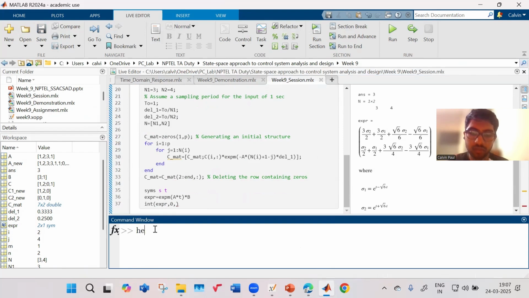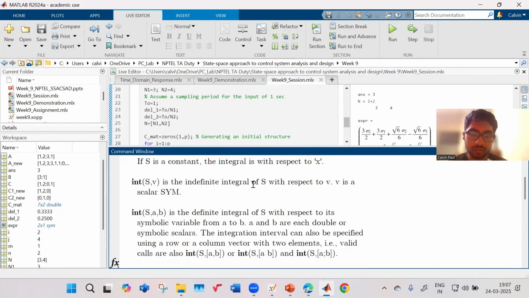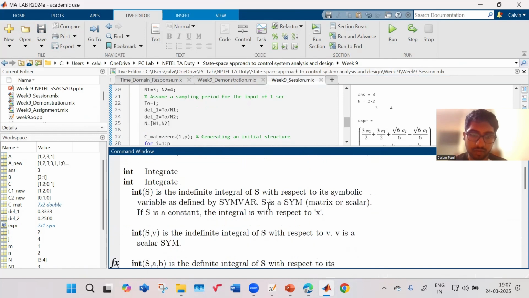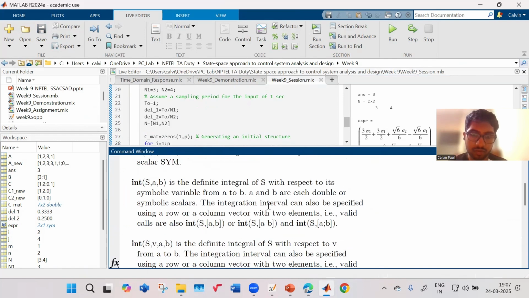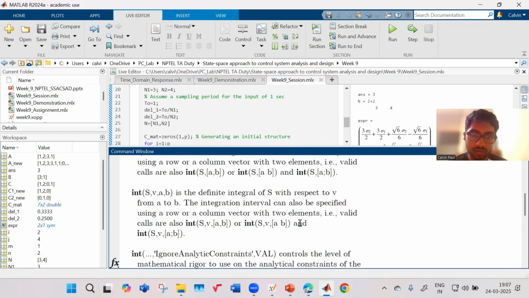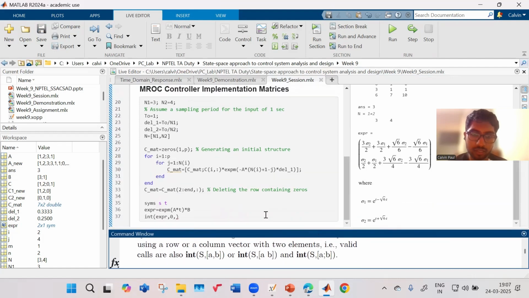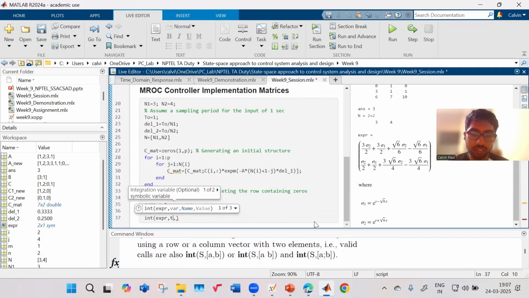to some limit. This is integrating with respect to T from 0 to, let us say in the first case, minus N1 delta, minus of N1 into delta 1.